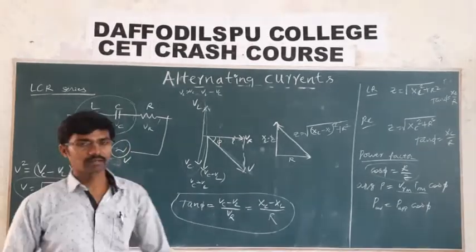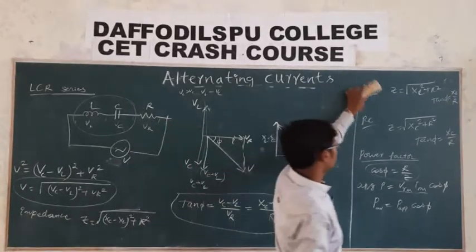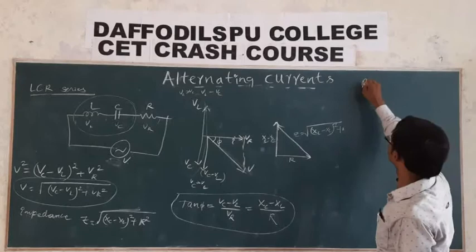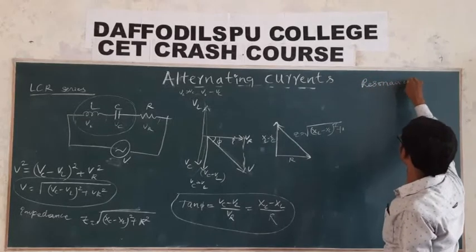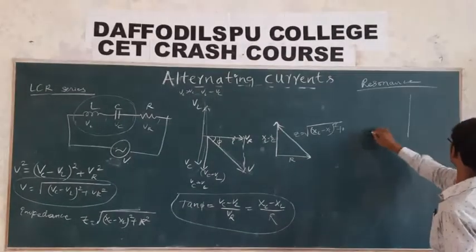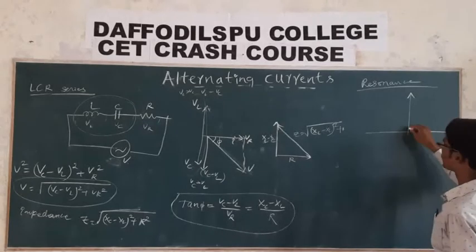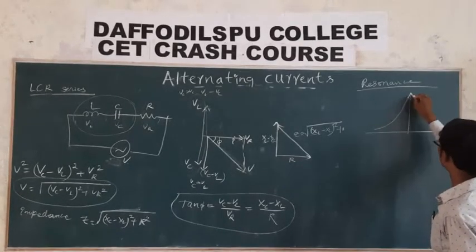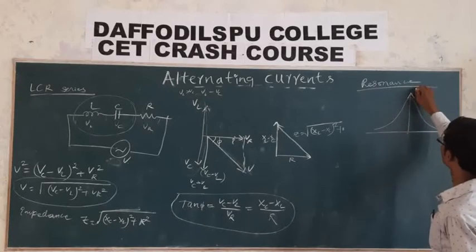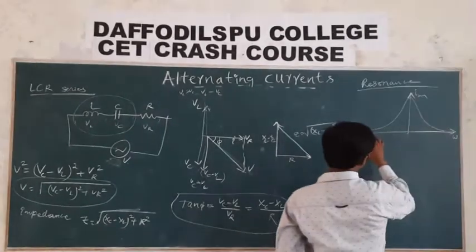This is the power factor we have already discussed for a pure inductor and pure capacitor circuit. Then let me discuss resonance. What do we mean by resonance? As the frequency increases, at a particular angular frequency omega, the current becomes maximum and the corresponding impedance is minimum.